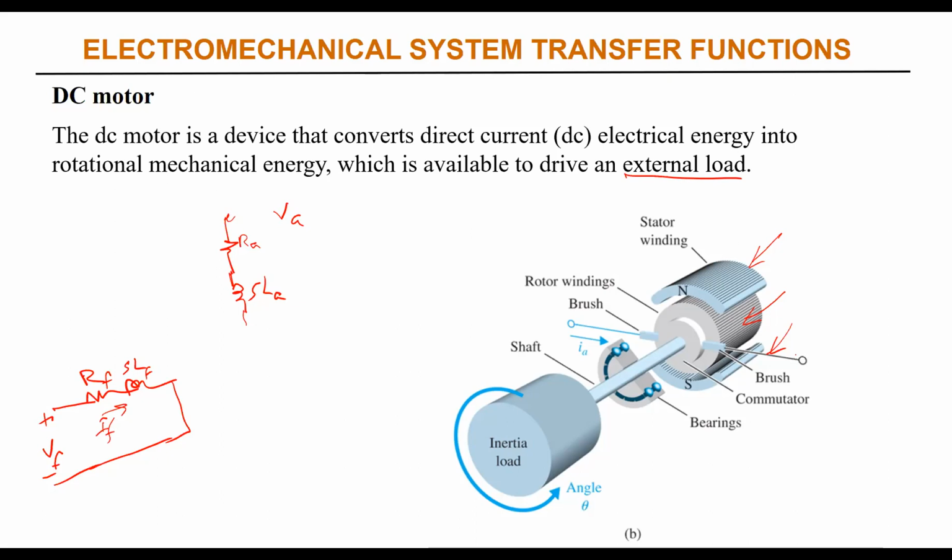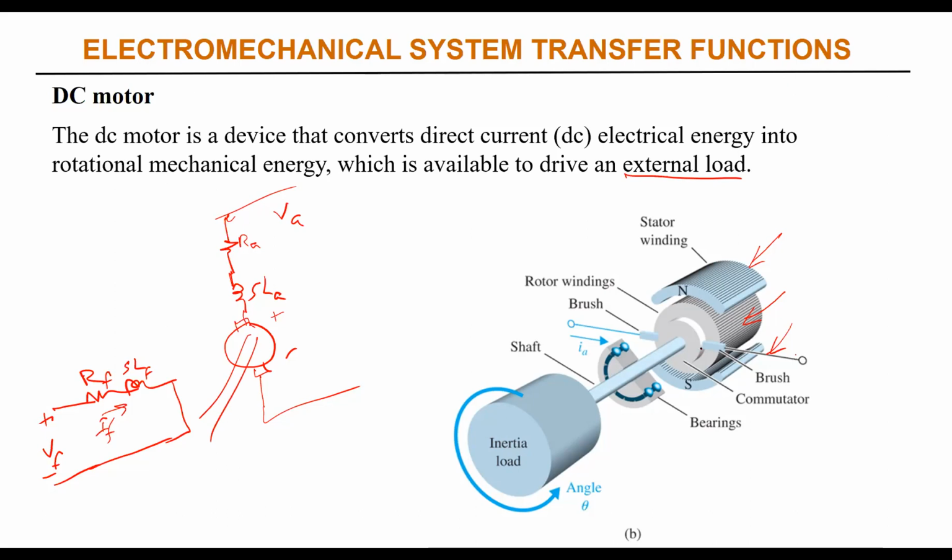Exactly, because you are rotating a coil in a magnetic field, that will produce a certain voltage. We call it the back EMF. So I will have a voltage in here, and the direction of this voltage is going to be opposing what I am having. So this is a plus and minus.